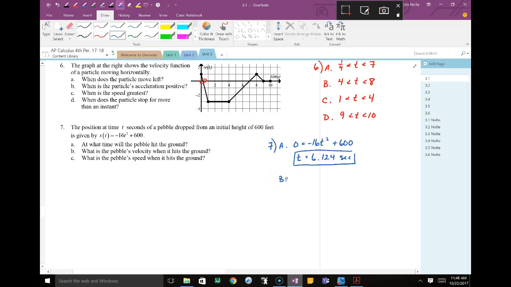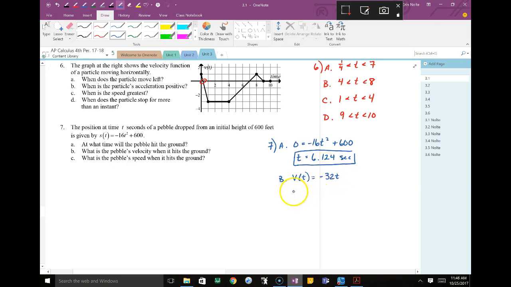Okay, what is the pebble's velocity when it hits the ground? We have to use the velocity and then plug in the time. Right, exactly. So my velocity equation is going to be negative 32 t.